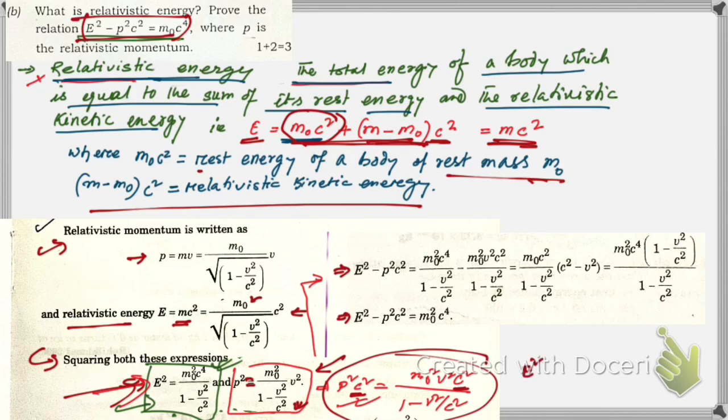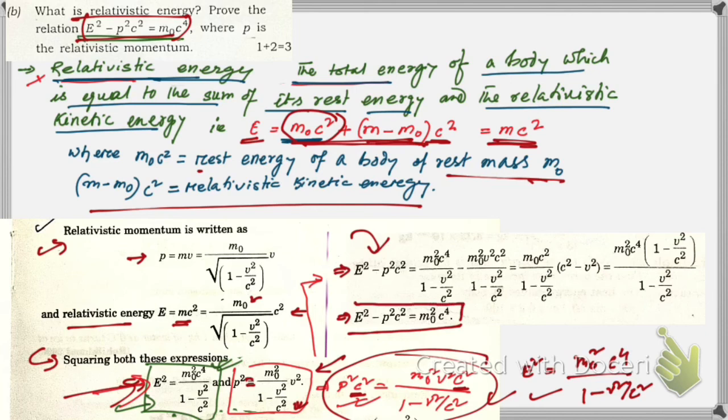E square is equal to m naught square c to the power 4 divided by 1 minus v square by c square. So these two equations are subtracted to get this result, and simplifying this, I hope you will be able to simplify, being a BSc student, and you will get this result. So hope you have understood this. Now let's move on to the next question.